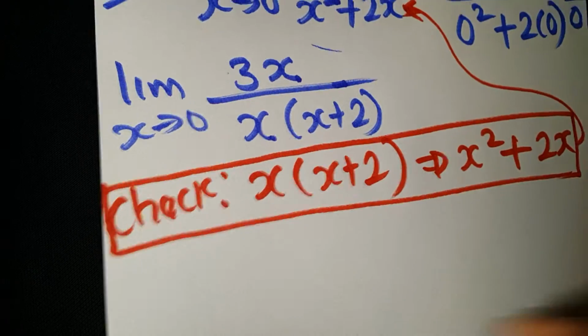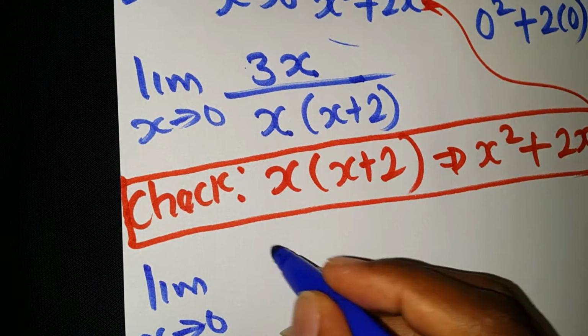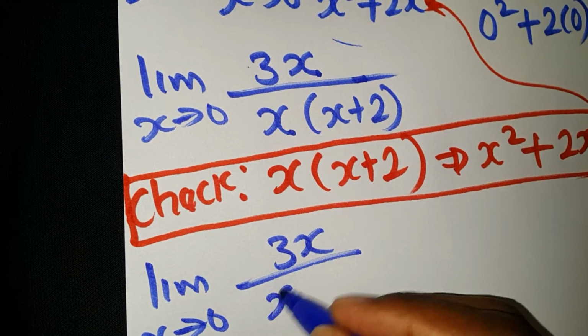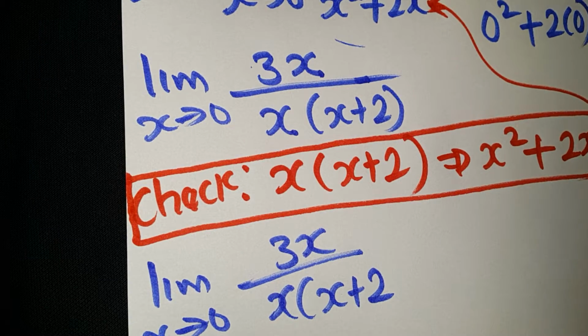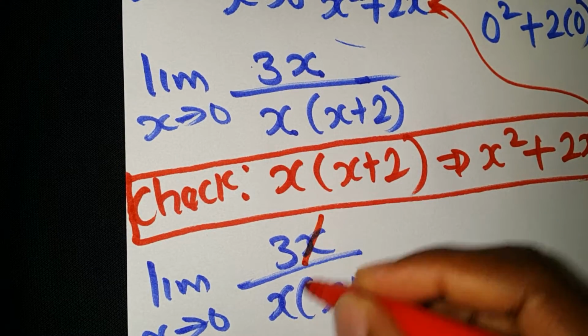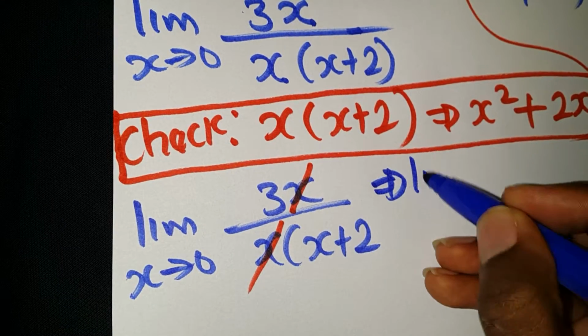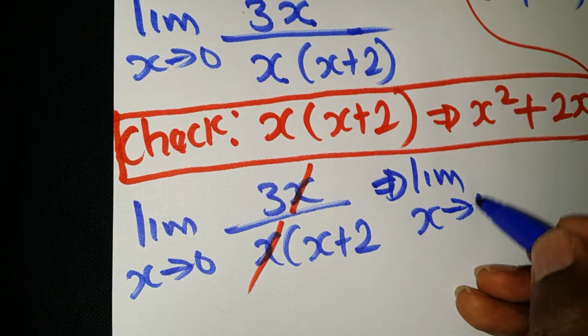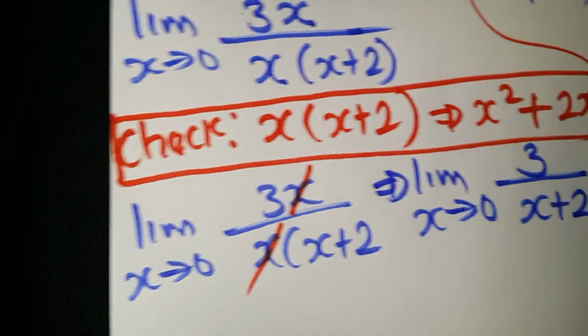So what we have so far is the limit as x tends to 0 of 3x divided by x(x plus 2). Now, this x will cancel with this x. What do we have left? We have the limit as x tends to 0 of 3 divided by x plus 2.